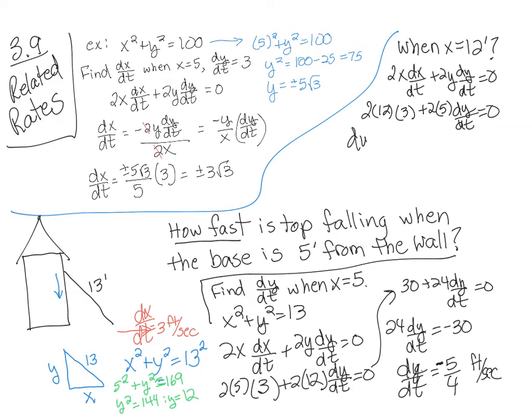So dy dt, when x is equal to 12 feet, is going to be 2 times 12 times 3, I'm lazy, give me a second, divided by 2 times 5. I'm going to get 36/5 feet per second.